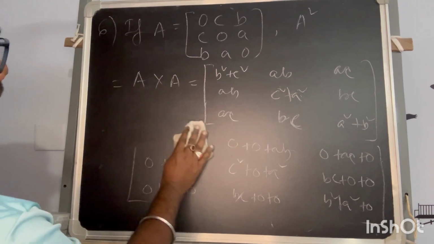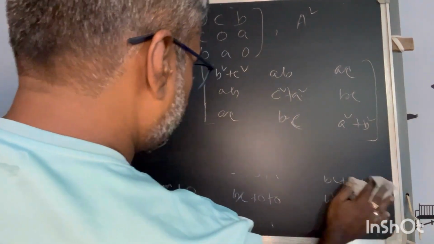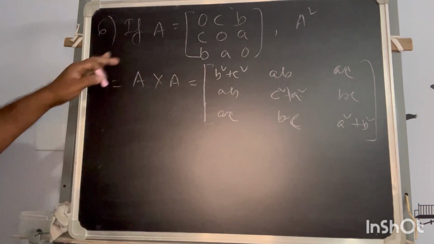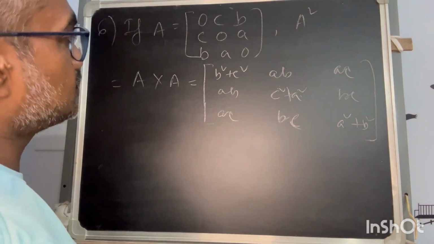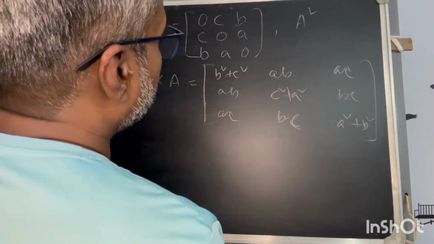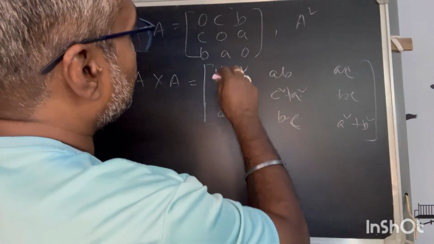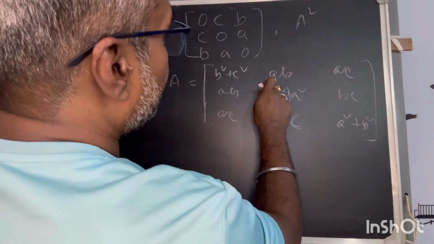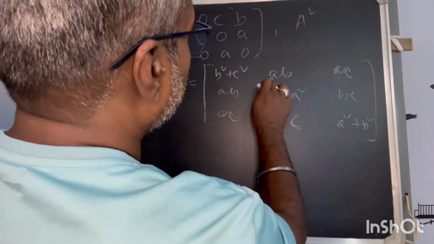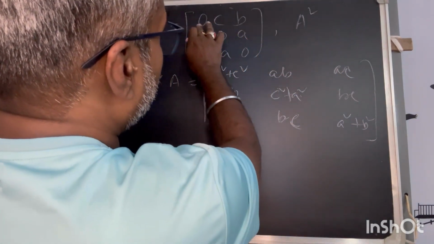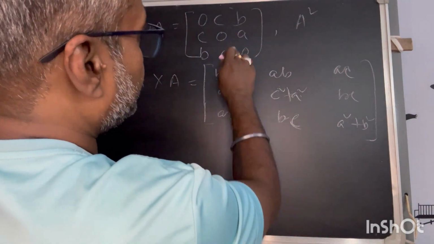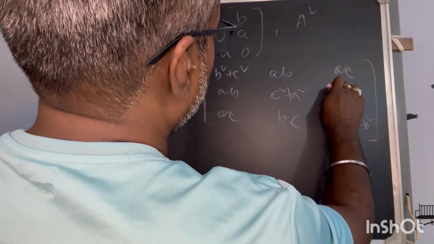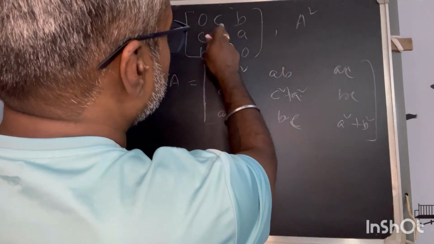you can also keep it in a manner where, when you do the square of any matrix, you see how the terms will behave. You can see the first row: B square plus C square, then AB and AC, meaning A is common, which is not there in the other part of the matrix. So AB will be there and AC will be there. Okay, how do the things change?